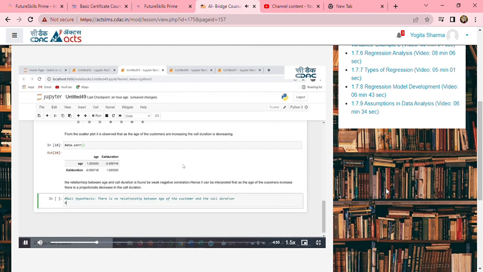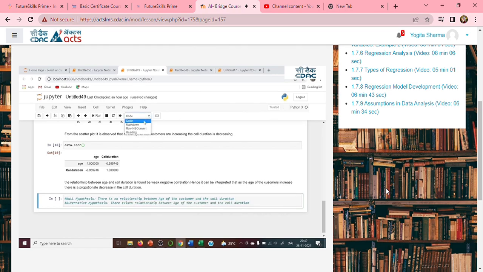Whereas my alternative hypothesis, remember, will always be opposite to the null hypothesis. So I say that there exists a relationship between the age of the customer and the call duration. This is the hypothesis being framed.